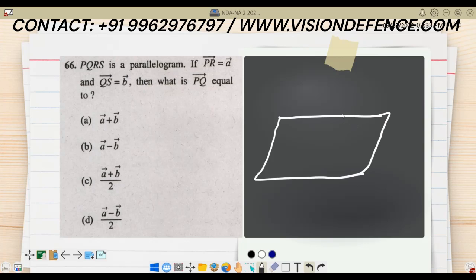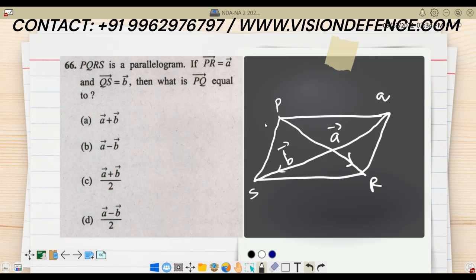Okay, so PQRS is a parallelogram, and we need to find PQ. So the PR vector is the A vector, right? And then the QS vector. The direction is very important. QS vector is the B vector. And what is the PQ vector equal to?